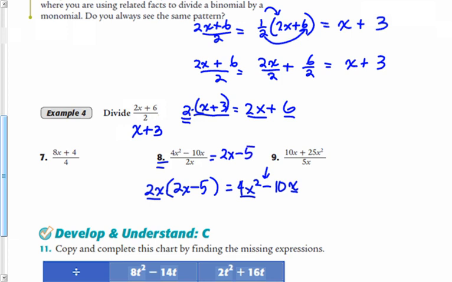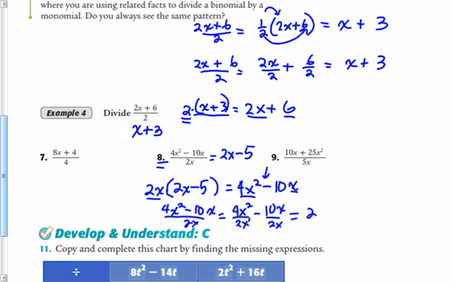Now, I think I'd rather think of this way though. So 4x squared minus 10x divided by 2x. Just split that division up using the distributive property. So we have 4x squared divided by 2x minus 10x divided by 2x. And that equals 4 divided by 2 is 2. x squared divided by x.